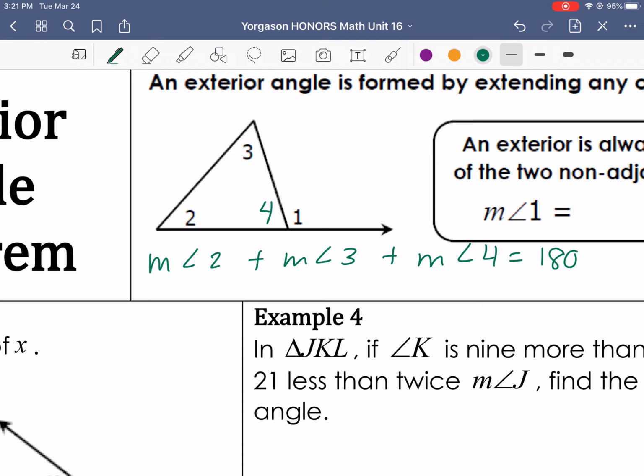That's what our previous little bit just told us. So then we also have a cool relationship here. These two are a linear pair, right? So now I know that the measure of angle 1 plus the measure of angle 4 is 180 degrees.